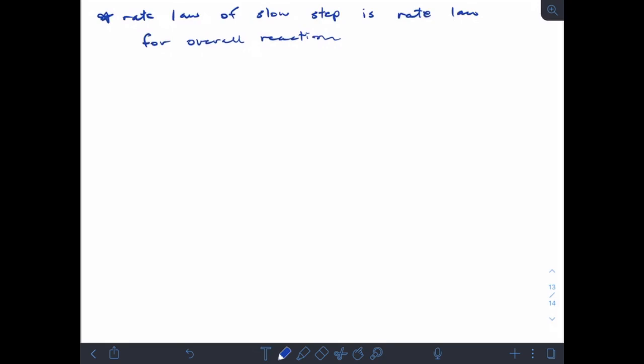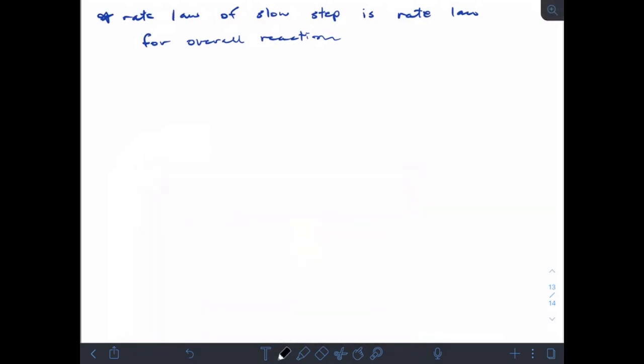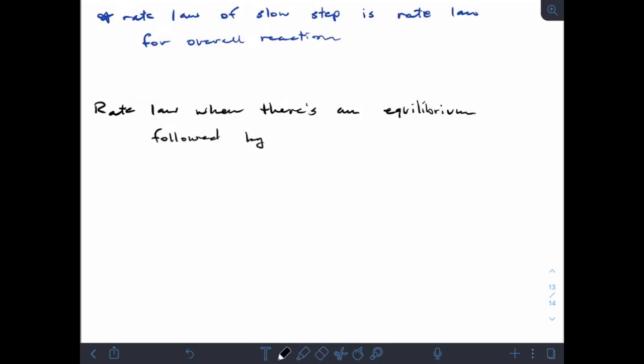But let's take a look at something slightly more complicated: the rate law when there's an equilibrium followed by a slow step. So let's take a look at a scenario that looks like that.